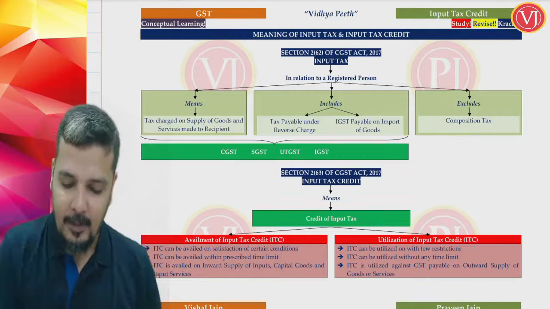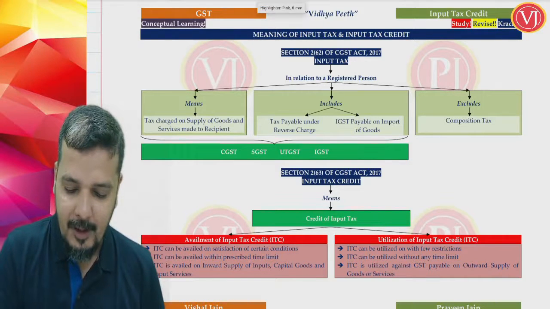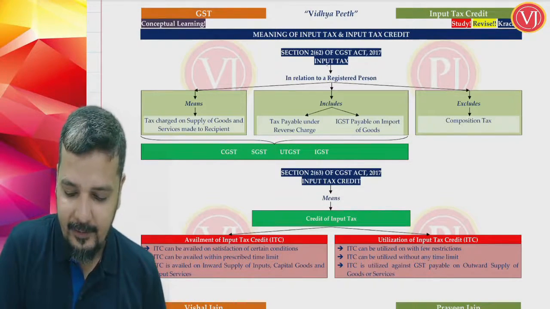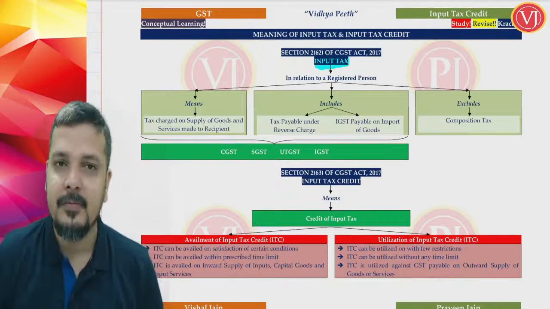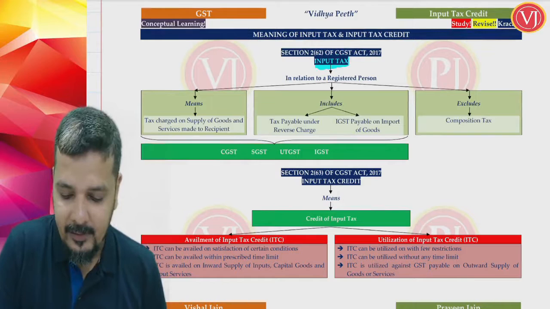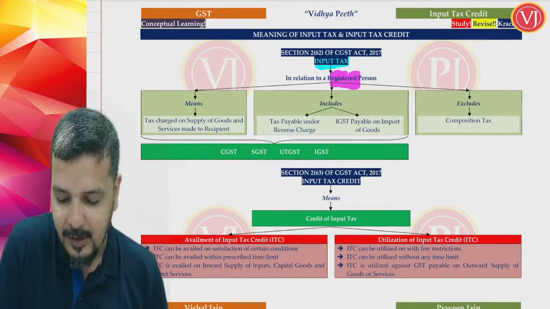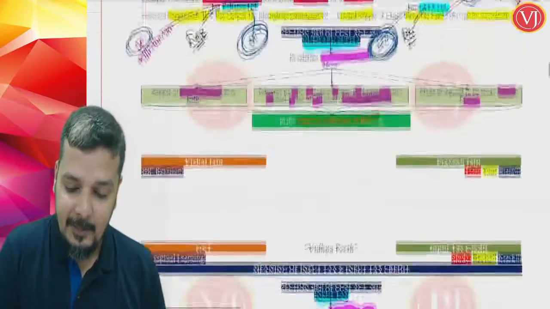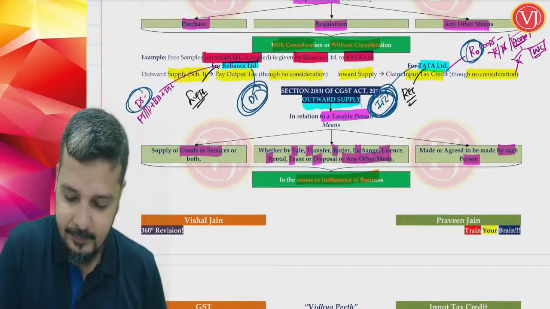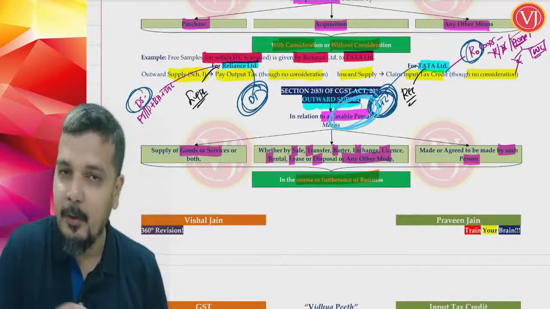So when you're talking about inward supply, what do you mean by your input tax? Input tax, in terms of section 2, clause 62, in relation to a registered person, you will find the difference. When you're paying output tax, you will see the term taxable person. It is all about payment of output tax.